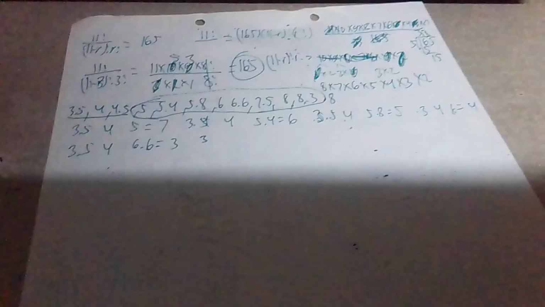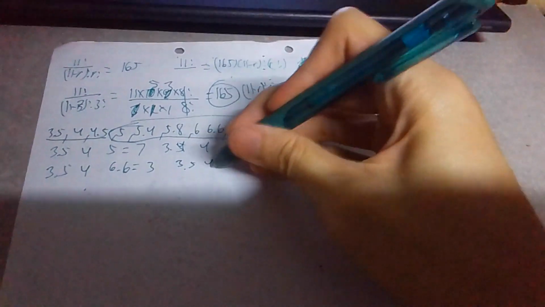Di ba? 3, 4, 6, 4. Di ba? Then 3.5, 4, 6.6, tatlo. 3.5, 4, 7.5, dalawa, di ba? Wait, tama ba?